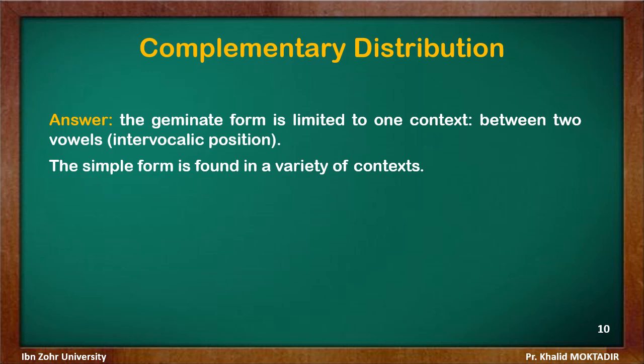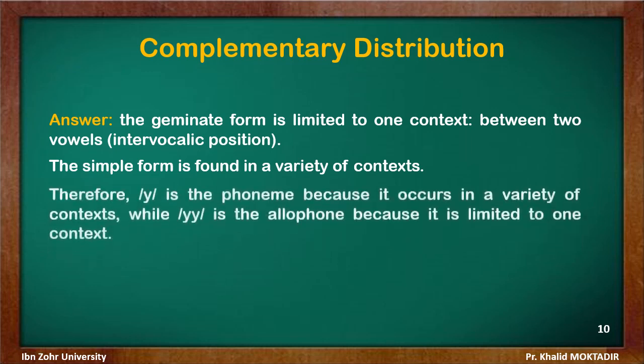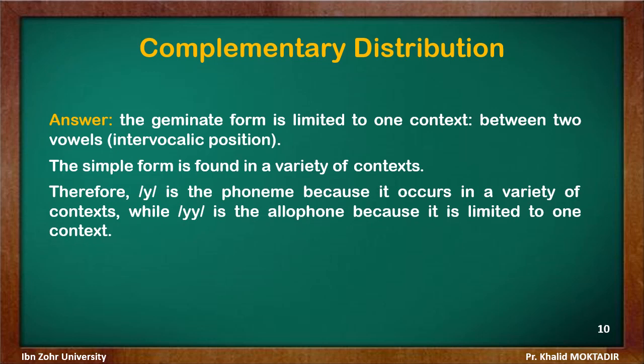Now, the conclusion that we would draw from that is that the simple form is the phoneme because it occurs in a variety of contexts, while the geminate is the allophone because it is limited to one single context.